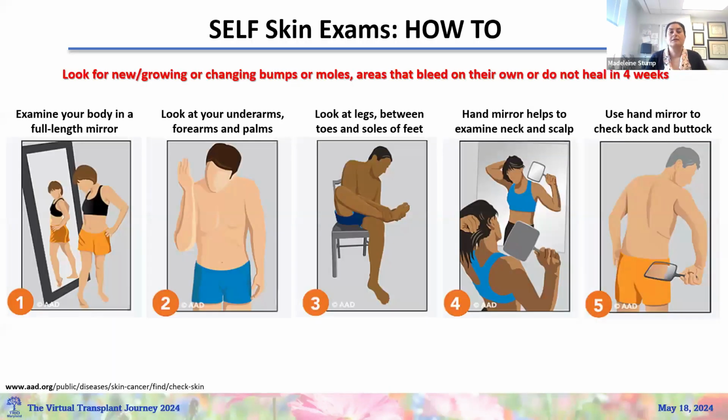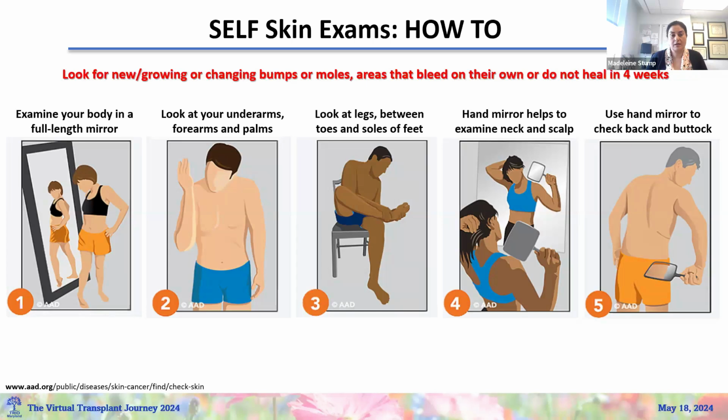Okay, and then how to do self skin exams. Really, really important. What do you look for? You look for new, growing or changing bumps or moles, areas that bleed on their own or don't heal in 4 weeks or more. Examine your body in a full-length mirror. That's very helpful.